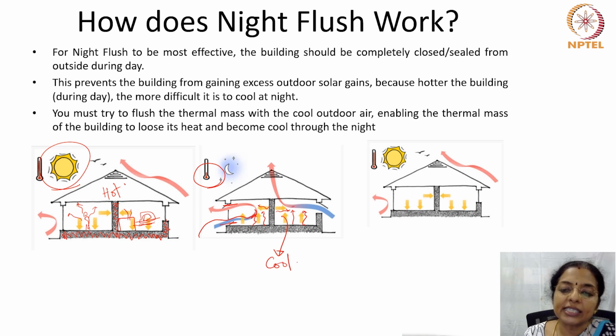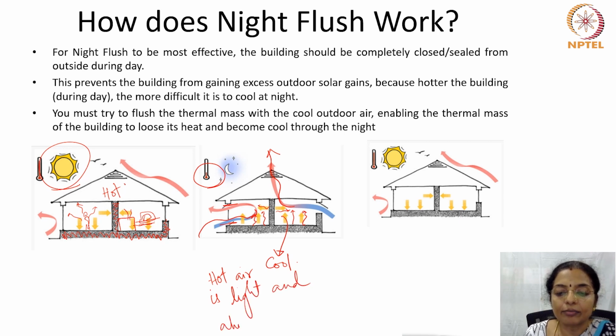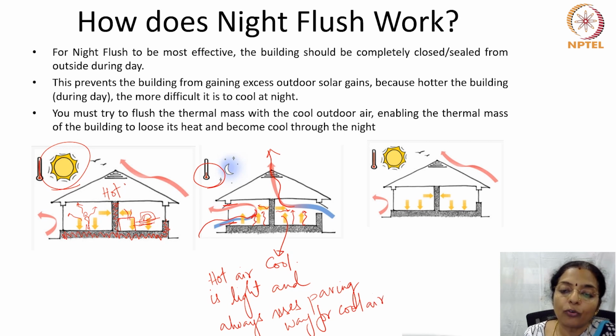In this process, the hot air also escapes because hot air is light in weight and always rises, paving way for cool air. And therefore, the room becomes cool by morning.